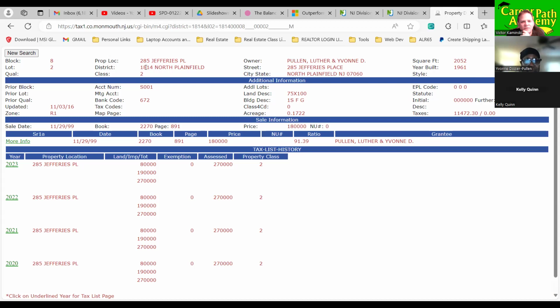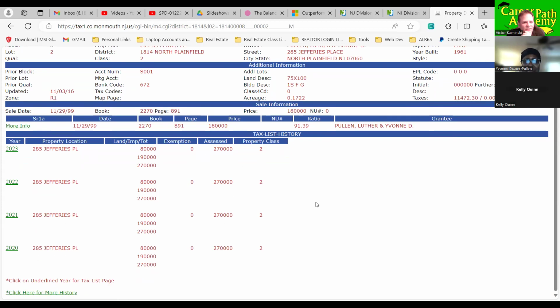So you live at that house, so you're not an absentee owner, and that's not an investment property. Your land is estimated at $80,000 value. The improvement $190,000. So the total value $270,000 is the assessed value.